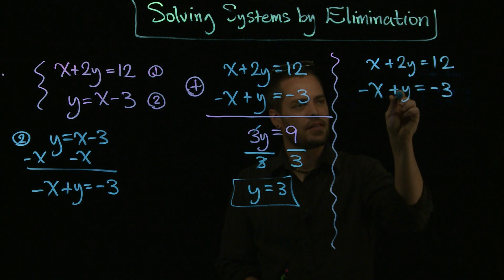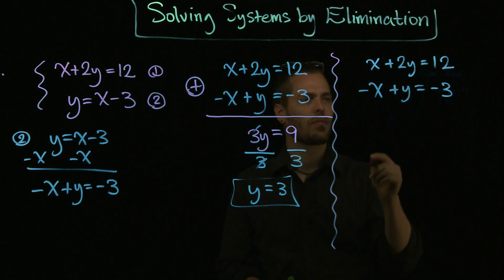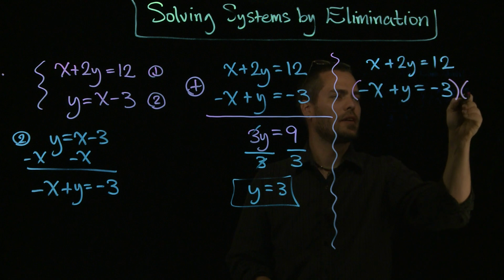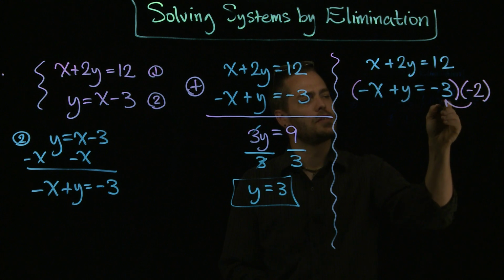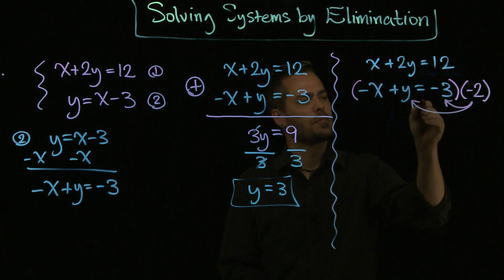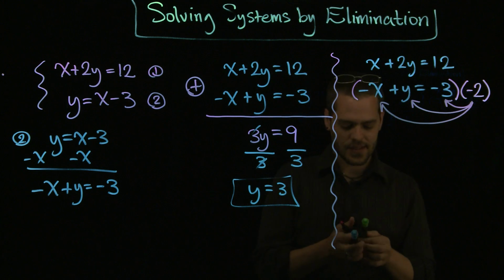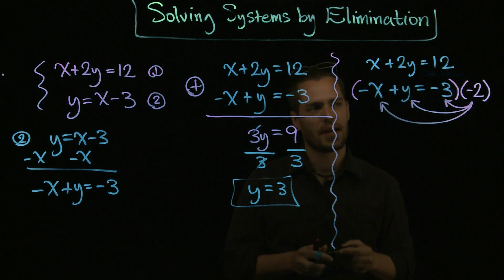I can get a negative 2y simply by multiplying by negative 2. But I've got to do it to everything. Okay? So I'm going to multiply the entire equation by negative 2. Keep in mind, however, in choosing this number, the only thing I was looking at was how am I going to eliminate that y variable.